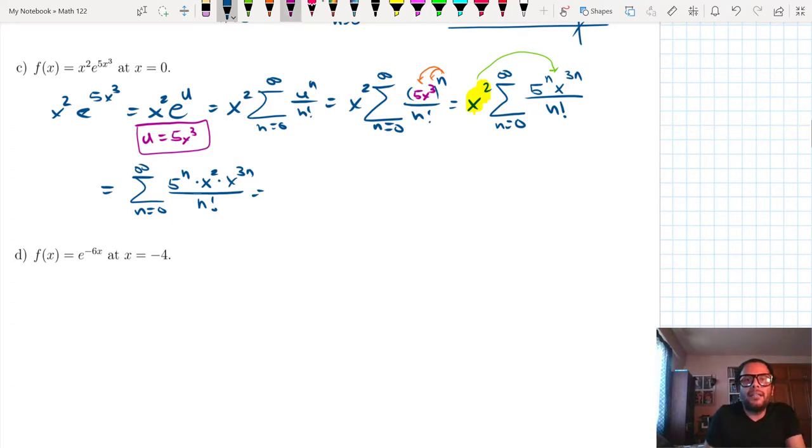By laws of exponents, these two guys right here share the same base, which is x. So all we do is add the powers.